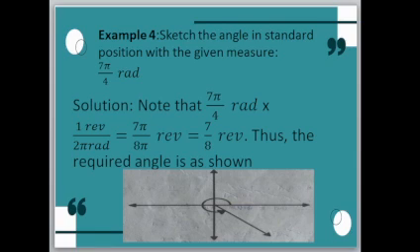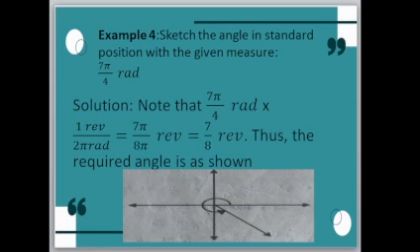So 360 degrees, which is 1 revolution, is equivalent also to 2 pi radian. And 7 pi times 1 is 7 pi, and 2 pi radian times 4 is 8 pi.